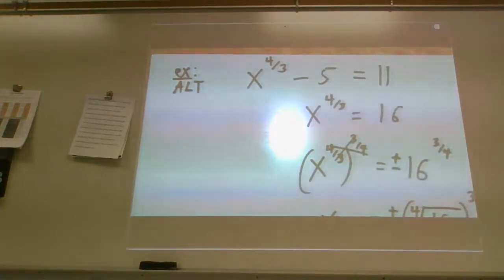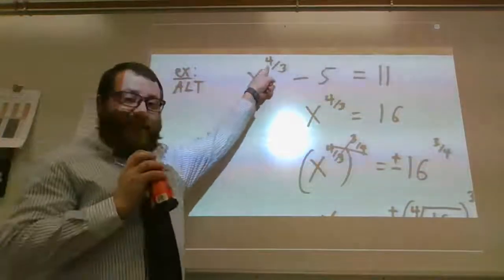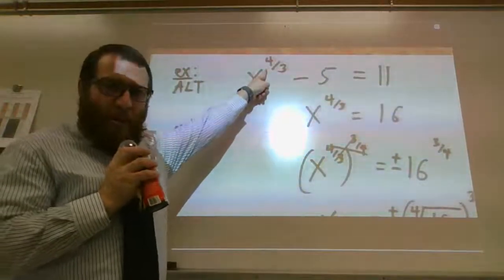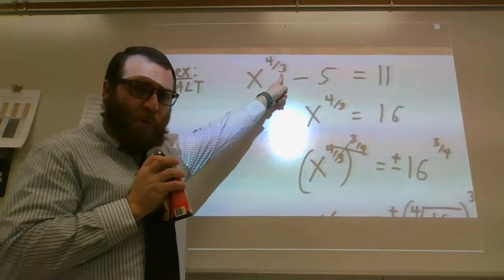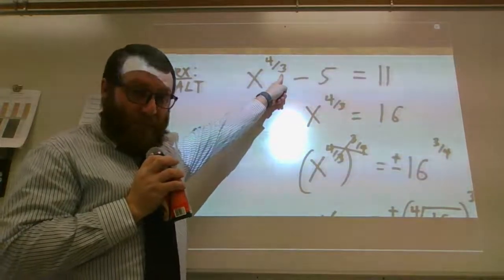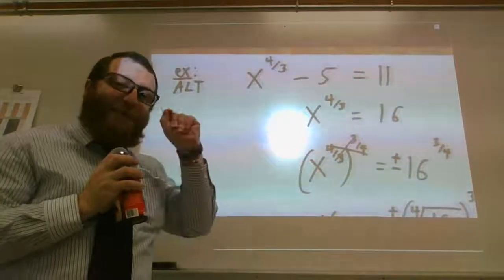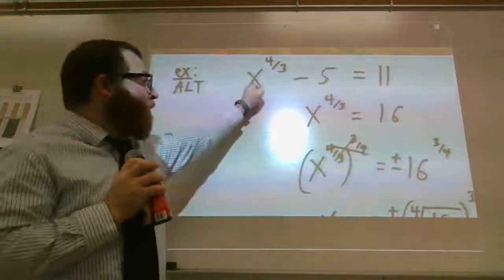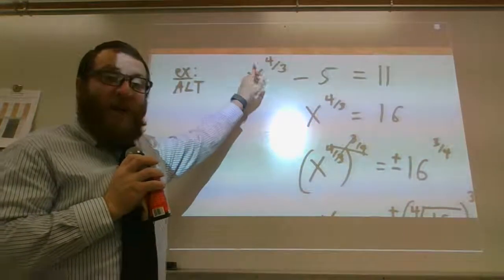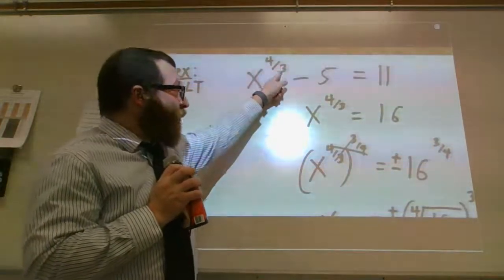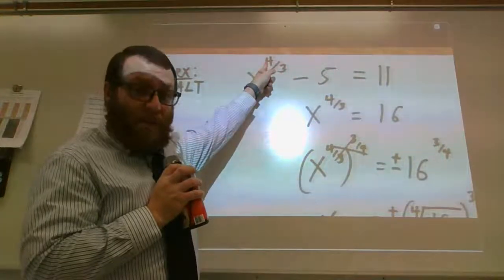First of all, when you raise to a fractional exponent, you recognize that this should be power over root. Power over root. So when I plug in that positive 8 in for the x, I'm going to do the root, and then I'm going to do the power.